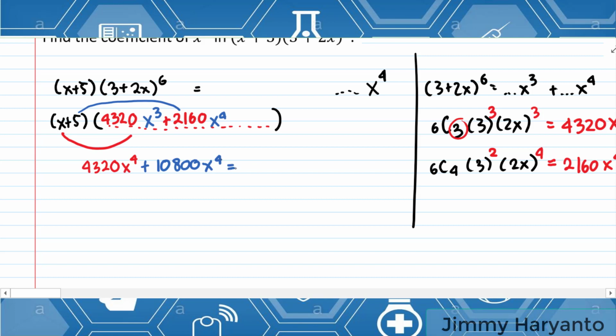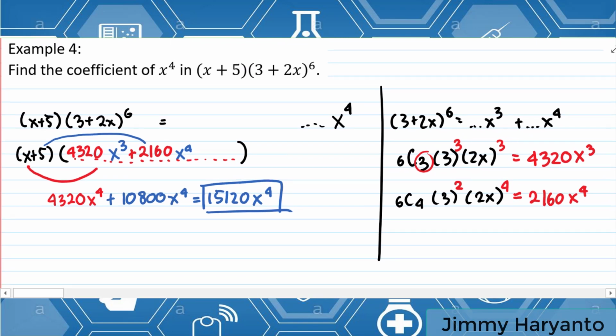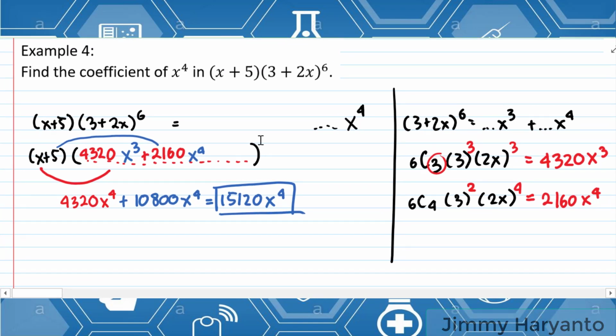If we add them together, it will become 15120x^4. There you go. This is the coefficient of x^4. This is a little bit complicated, so if you don't understand, you can ask me via meetings.